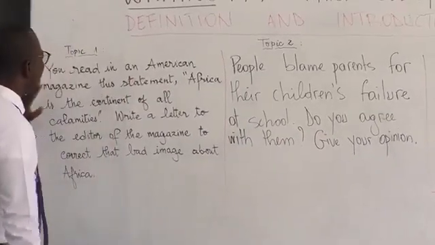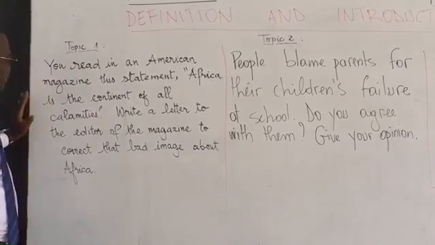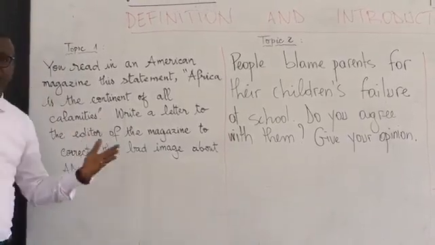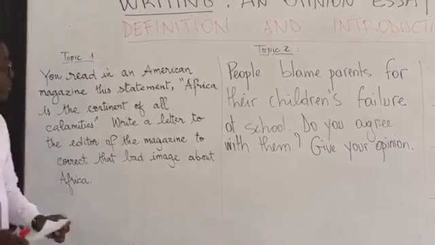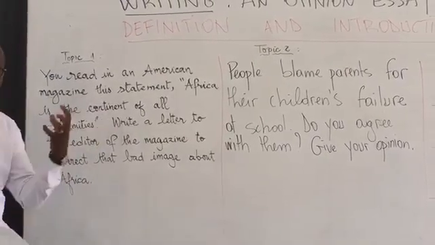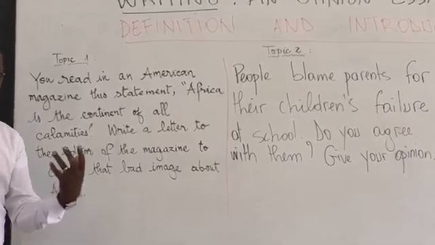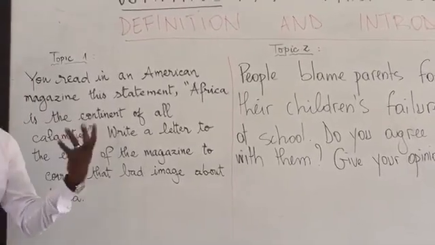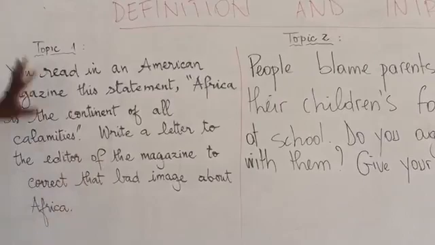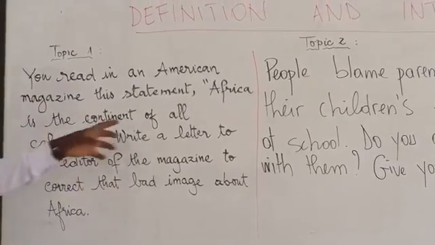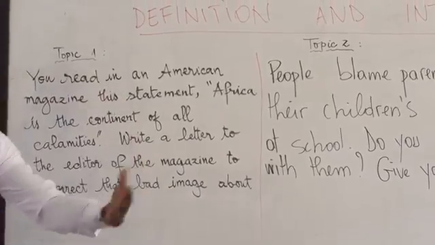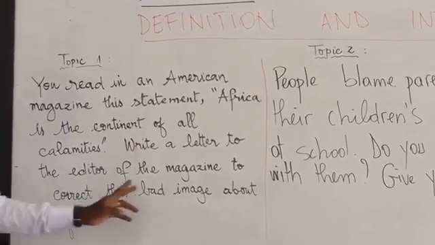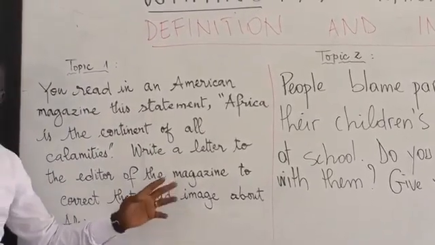Now, look at the first one. It is generally said that in a topic in English, from the topic you can easily guess what you have to write about. But in this topic, we have words like letter, which makes us think of a letter, and also magazine.